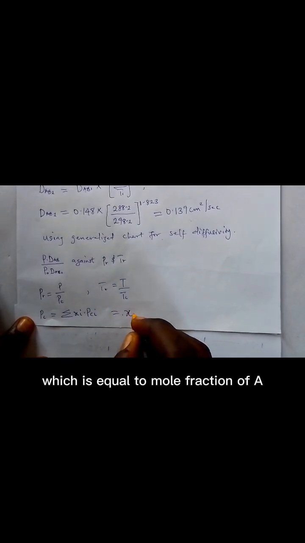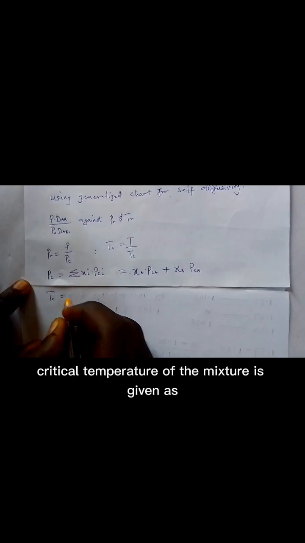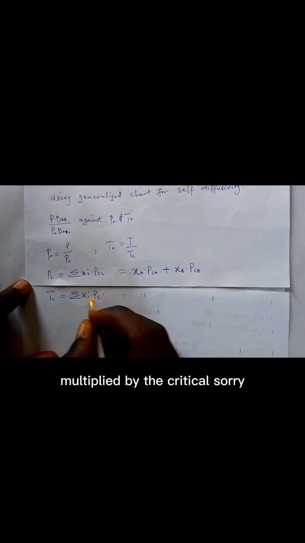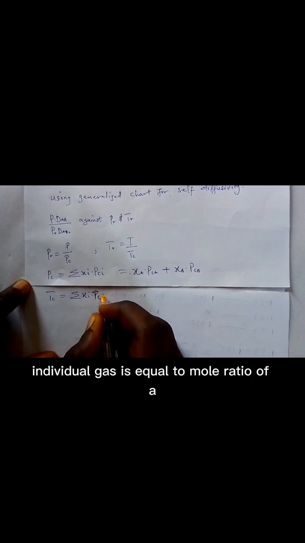The critical pressure of the mixture is equal to the summation of the mole ratio of each individual gas multiplied by its critical pressure, which is the mole ratio of A multiplied by the critical pressure of A, plus the mole ratio of B multiplied by the critical pressure of B. The critical temperature of the mixture is likewise the mole ratio of A multiplied by the critical temperature of A, plus the mole ratio of B multiplied by the critical temperature of B.